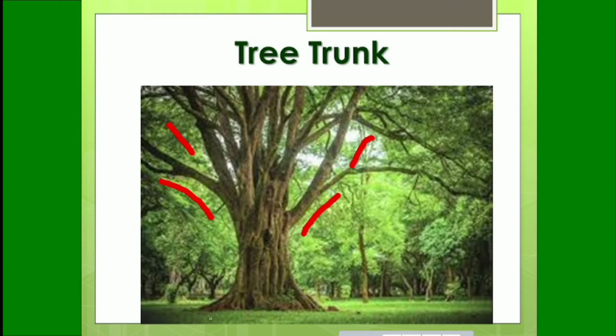As you know, roots can absorb water from the ground, from the soil. Whatever water is absorbed by the roots is transferred through the stem to other parts of the tree. The tree trunk or any stem of the plant helps to carry water and nutrients from the soil and provides them to other parts of the plant. This is the main function of the tree trunk or the stem.